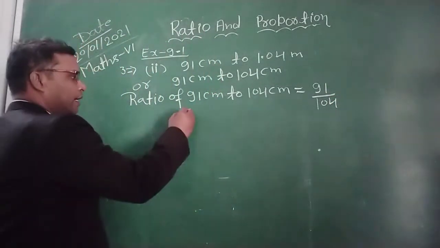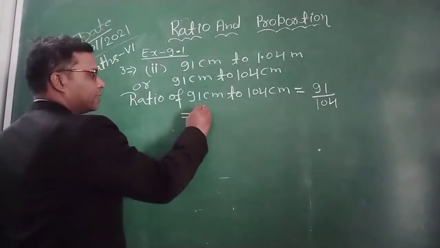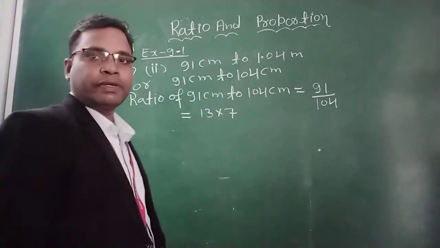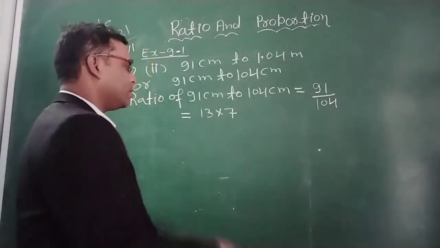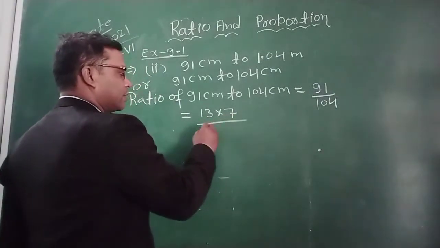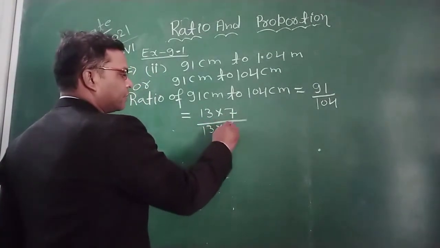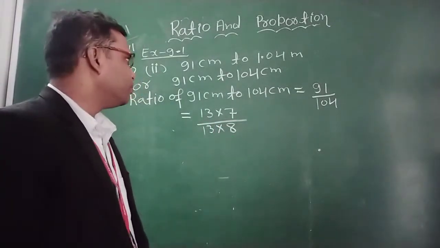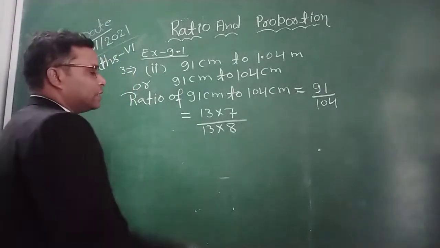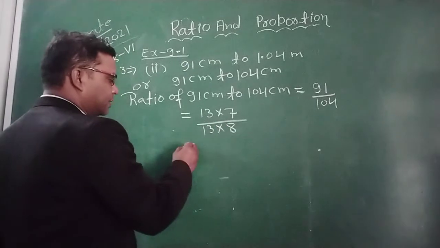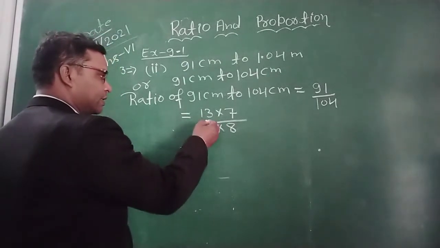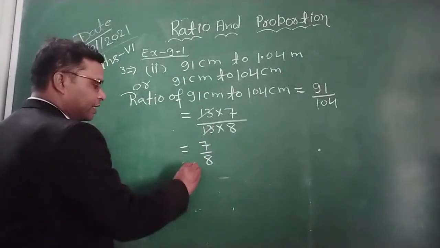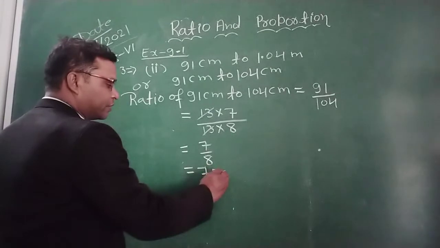Okay, 91 you can write as 13 times 7, you know very well, 13 7s are 91, and 104 is 13 times 8. In both numerator and denominator 13 is common, so it will cancel. Then you have 7 by 8, or you can write 7 ratio 8.